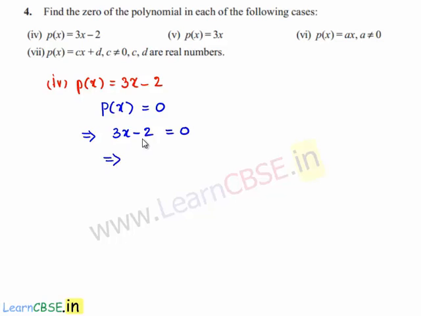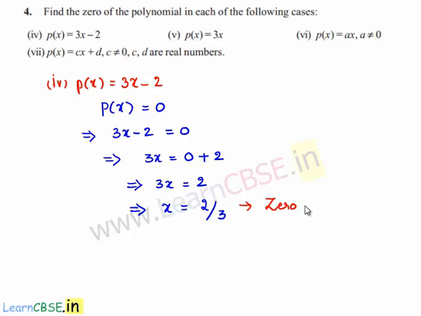So transposing minus 2 to RHS, we get 3x is equal to 0 plus 2. That is 3x is equal to 2. That implies x is equal to 2 by 3. Therefore, x is equal to 2 by 3 is the required 0 of the given polynomial.